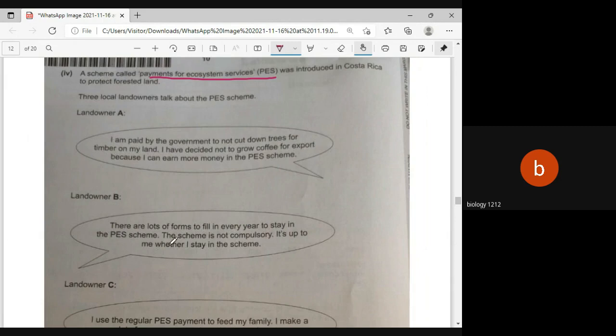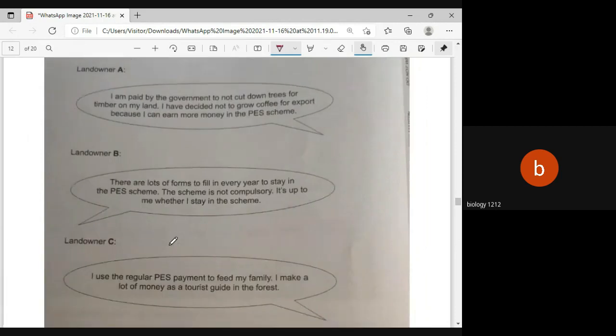So here it is about the scheme. Three local people are talking about PES. The first landowner said that he is paid by the government not to cut the trees for timber. So under the PES scheme, he is being paid by the government, so he is not cutting down. Landowner B says that a lot of forms have to be filled for the scheme, and it is not compulsory.